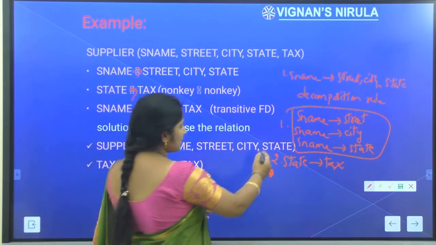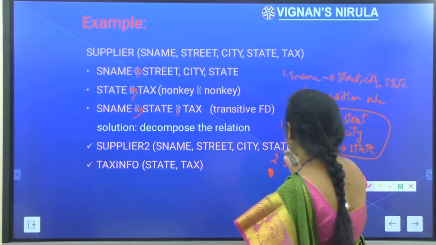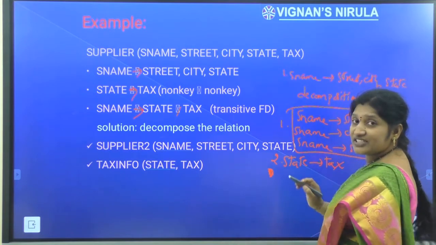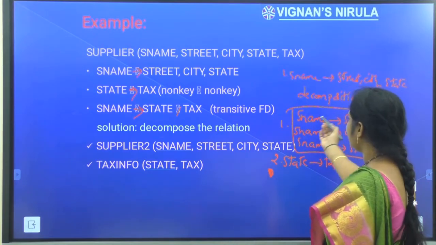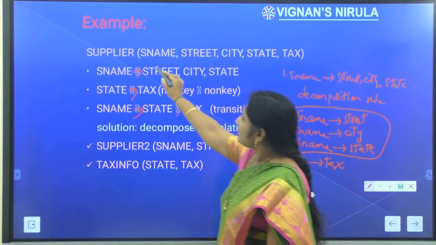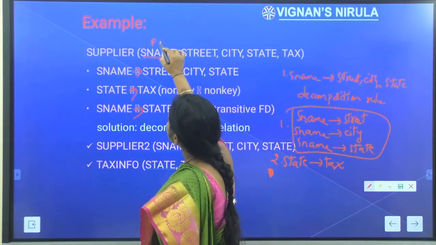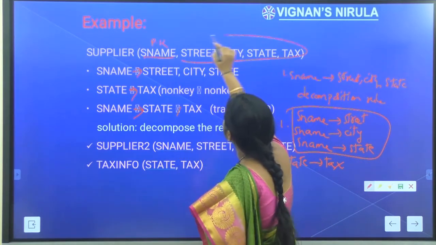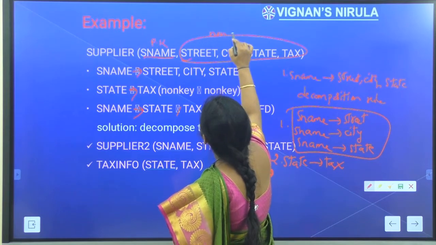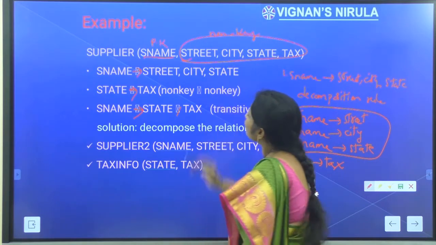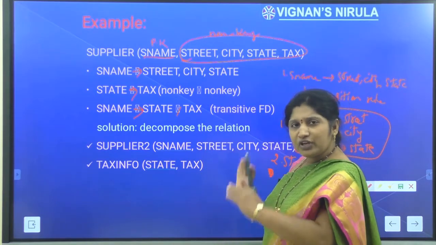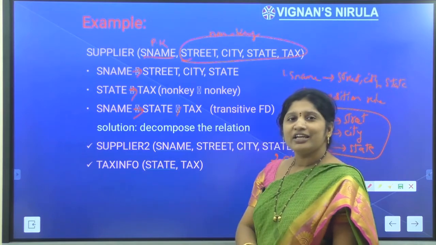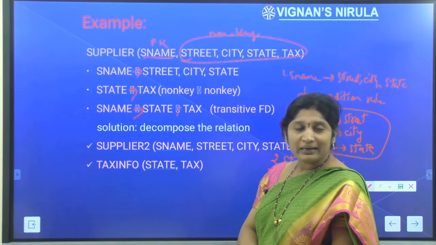While considering the first FD, S name implies street, street is a non-key dependent on the primary key. This is the primary key. All these are non-keys. According to the rule of 3NF, every non-key should be non-transitively dependent on the primary key.